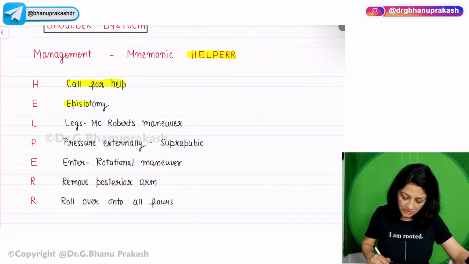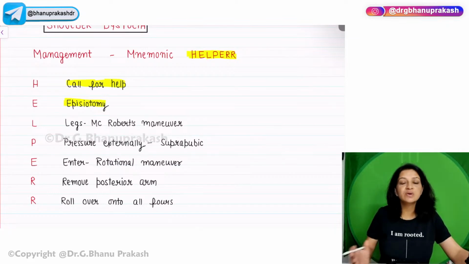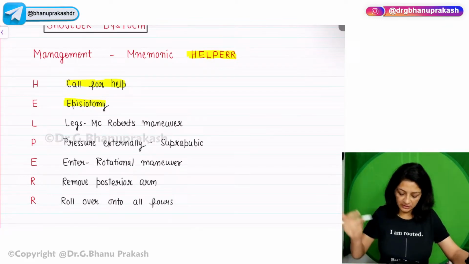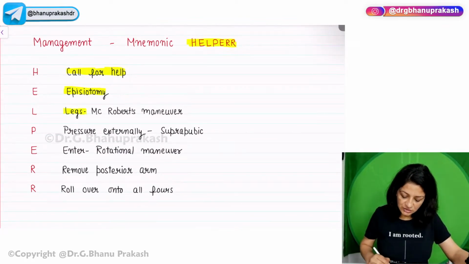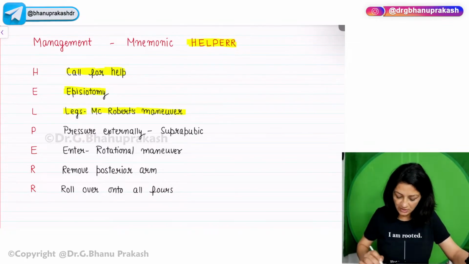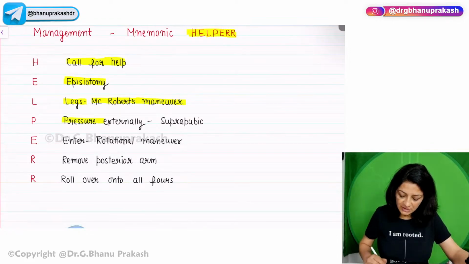E means episiotomy. To get more space, we do an episiotomy, so you get more space for the delivery of the shoulder of the fetus. L means legs maneuver, McRoberts maneuver. This is the first maneuver we do in case of shoulder dystocia. P means pressure externally, suprapubic pressure.